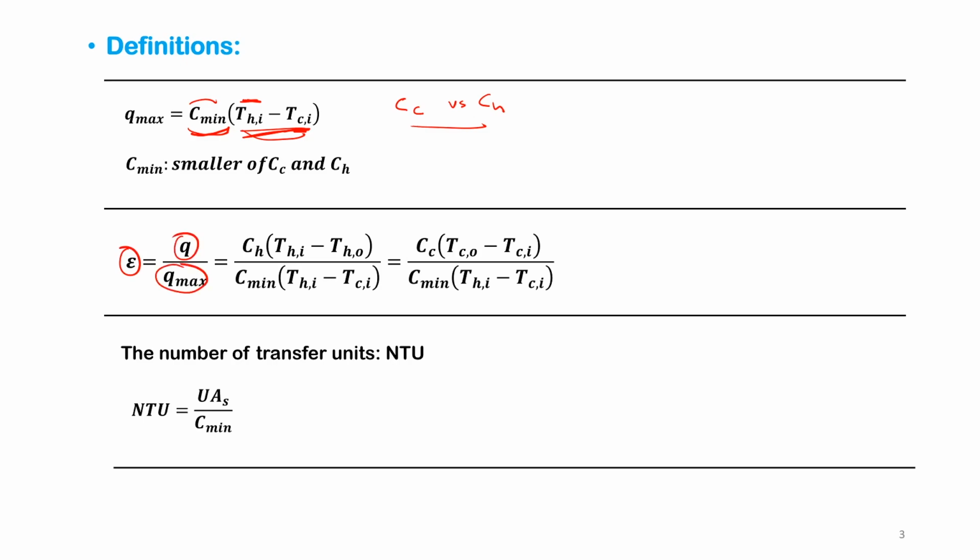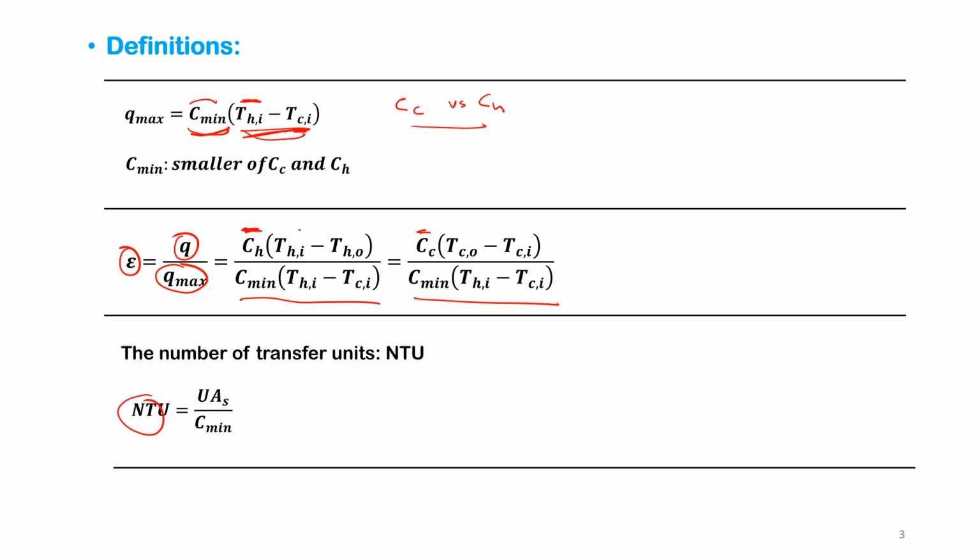Q we can take either for the hot side or for the cold side, but Q max is the same. So you can calculate effectiveness either way, from the hot side or from the cold side. This is the definition of effectiveness.